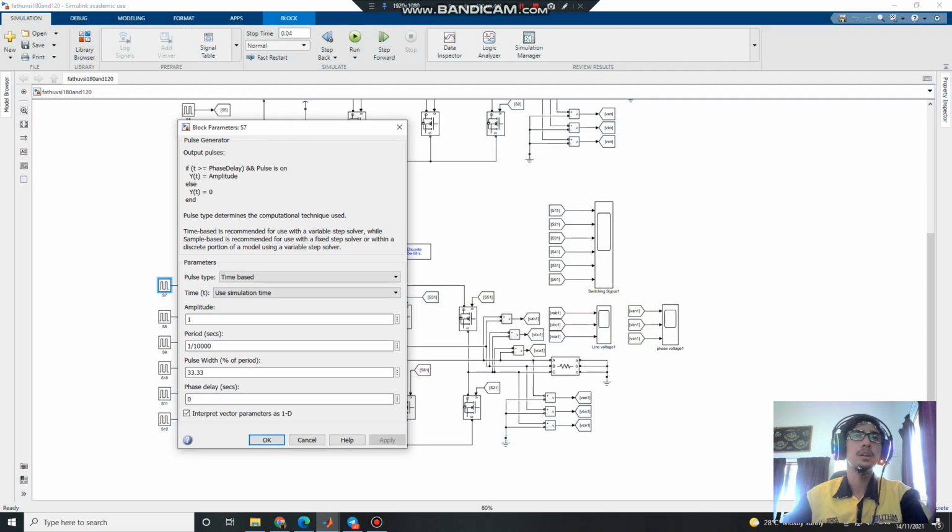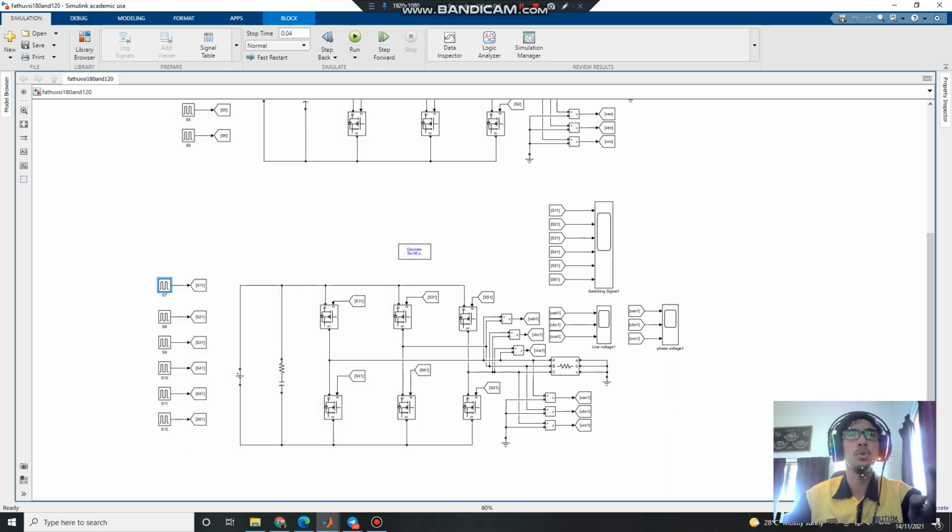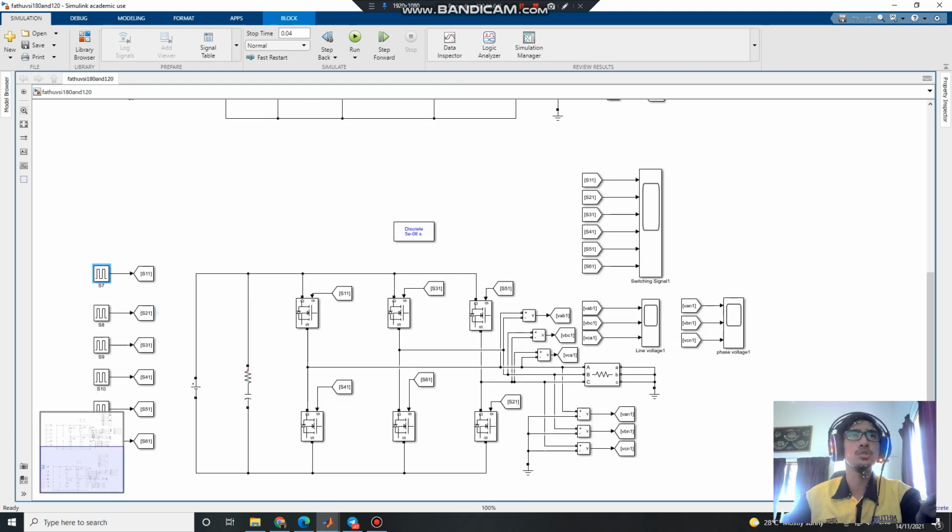The phase delay is 0. We only change the pulse width to 33.333 for the 120 conduction mode. The labeling we also change so that it can run at the same time as the 180, for the labeling only.